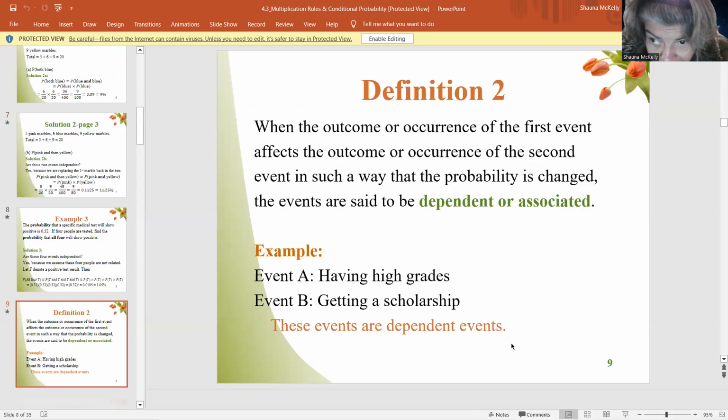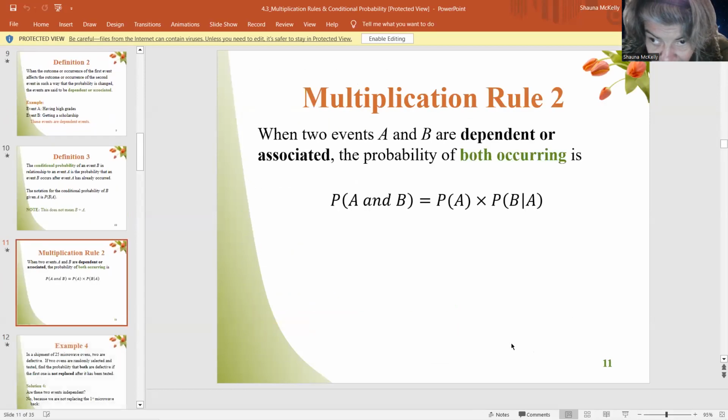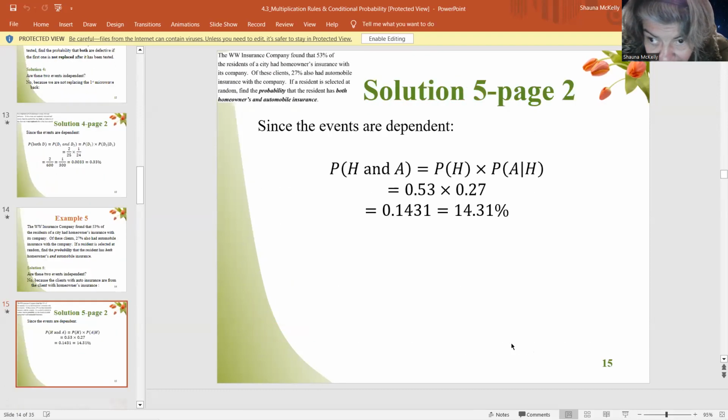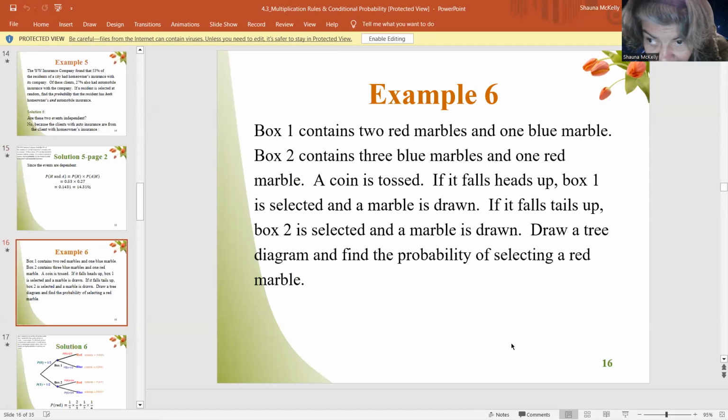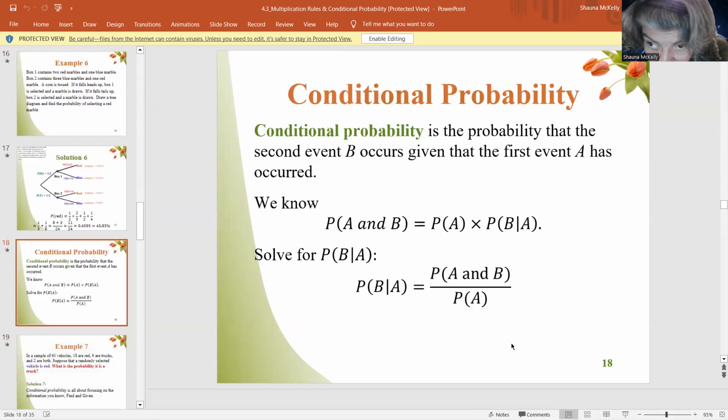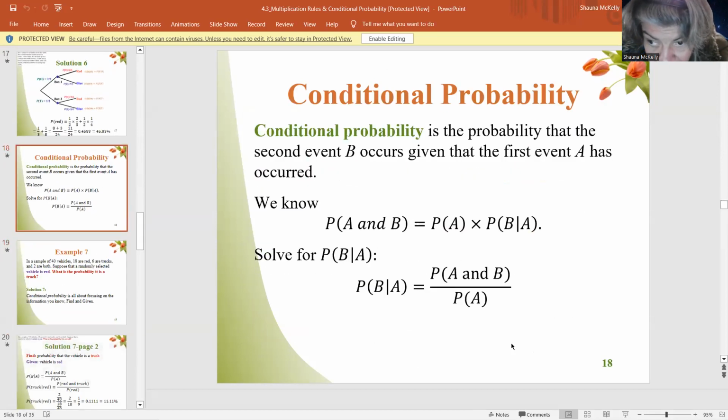If you're dealing with, I'm sorry, conditional probability, you're dealing with this formula here: probability of B given A, which is the second formula below it.